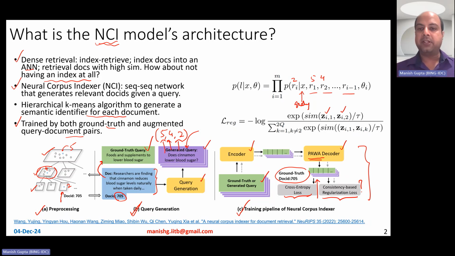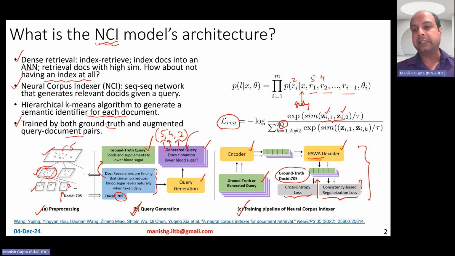If you have a batch of Q samples, for every sample in this batch you try out 2 different dropouts. And what you want to do is minimize this contrastive regularization loss.